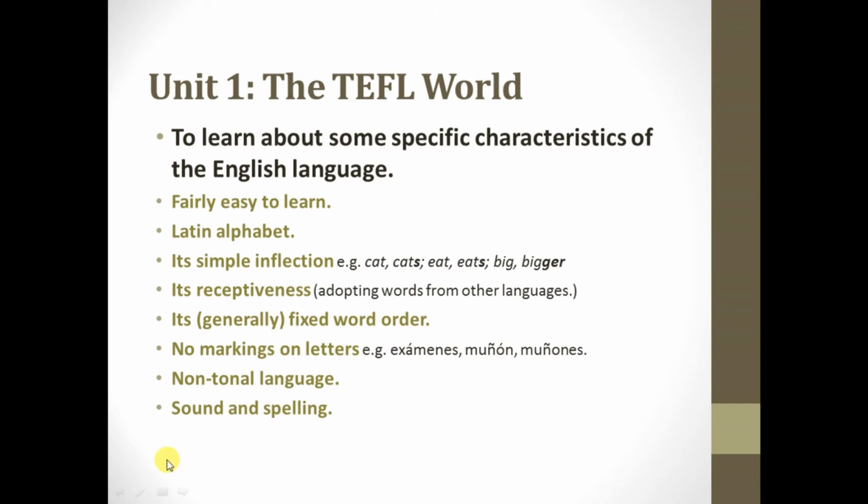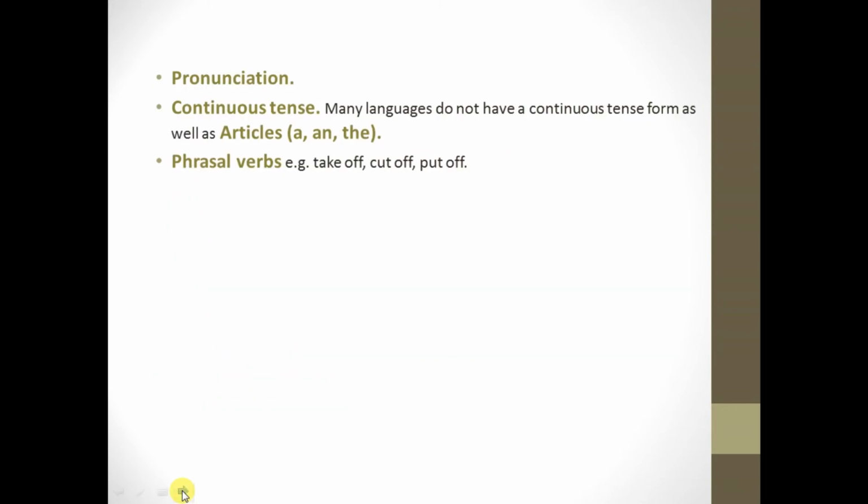We will go to the next page, which covers some English language characteristics that cause learners to struggle, or that may be difficult for them to acquire. Number one is pronunciation.